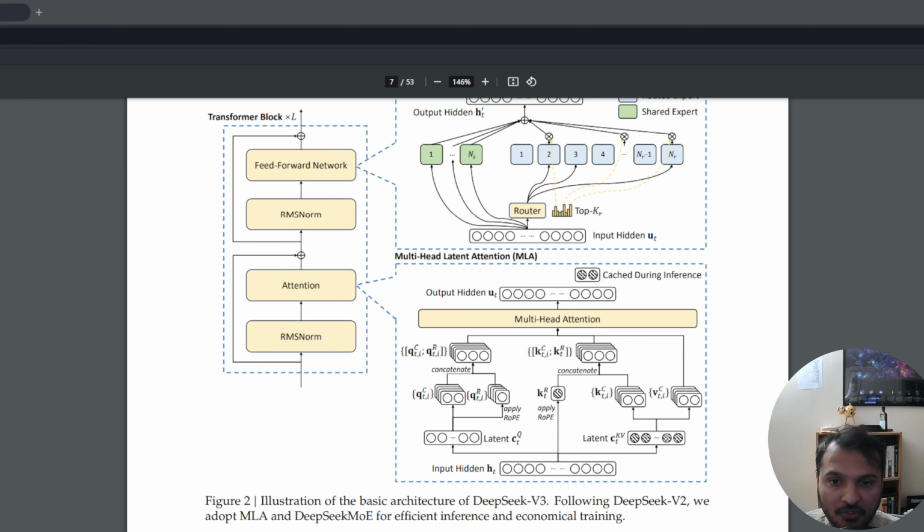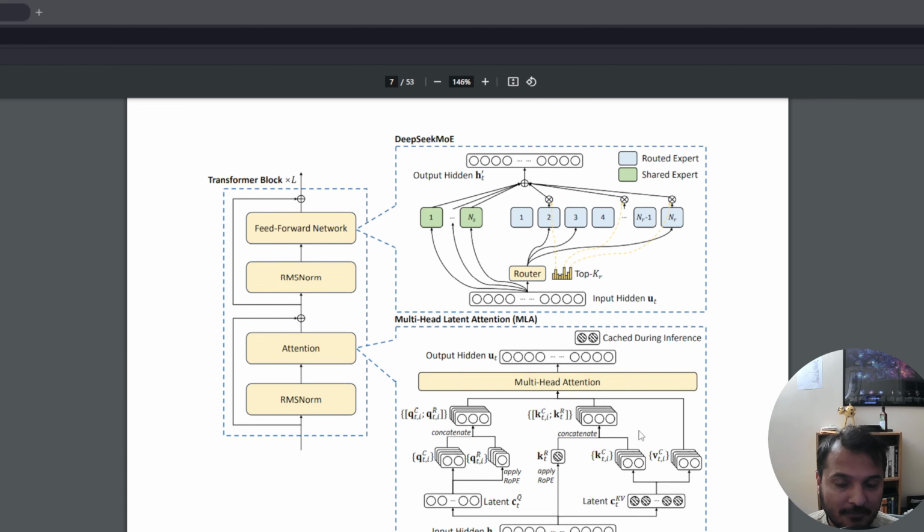And from those, you generate keys and values. So it's just a way of compressing the QKV things. With very little effect on performance, it reduces your inference latency, because now you have to store less things in your KV cache. So that's what it does. It's not so much improving the model, but it's just something that improves inference.